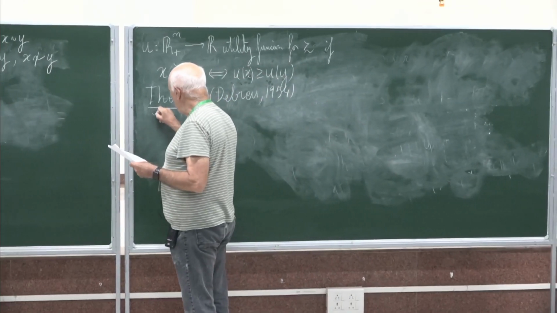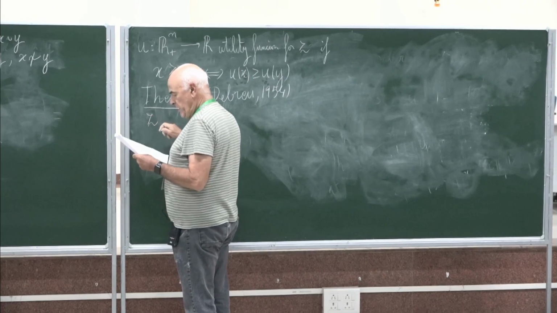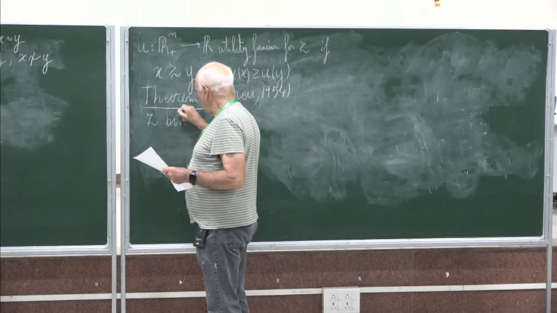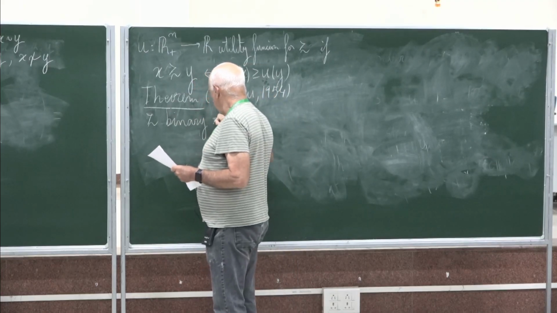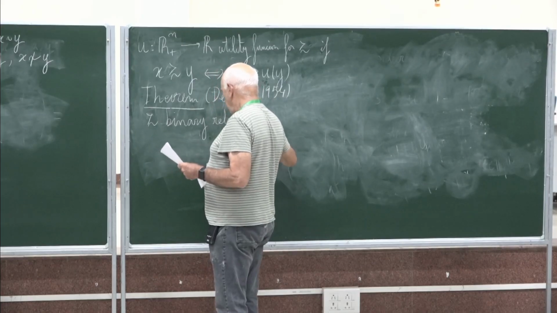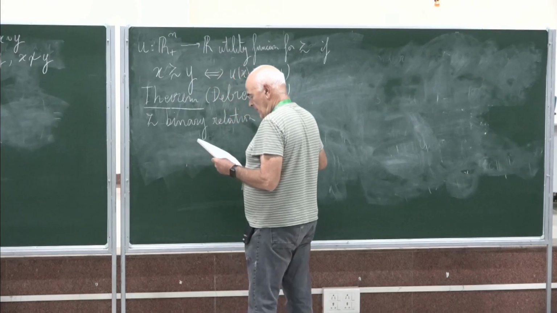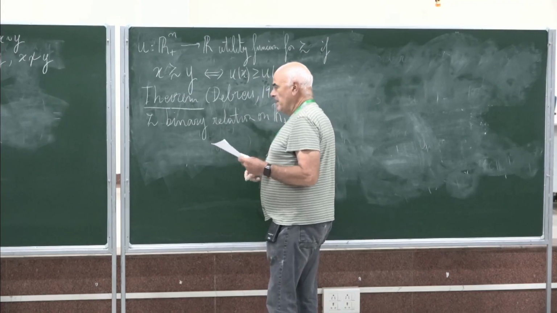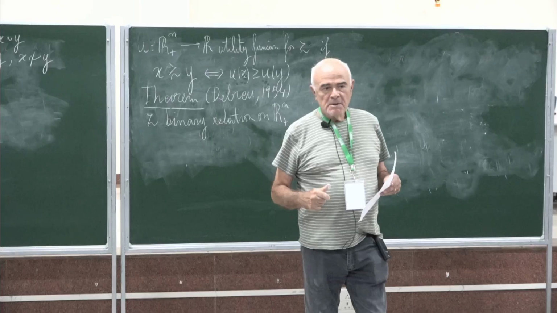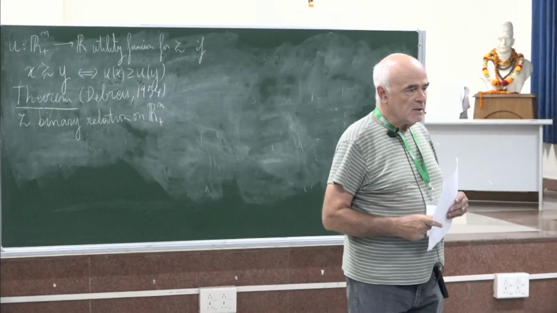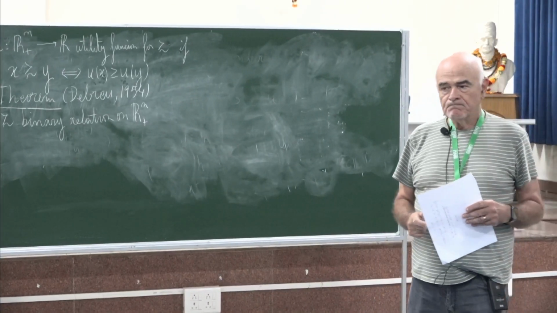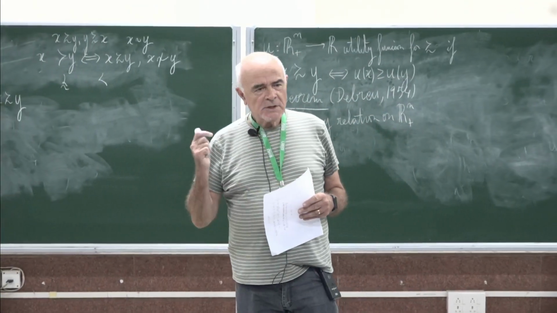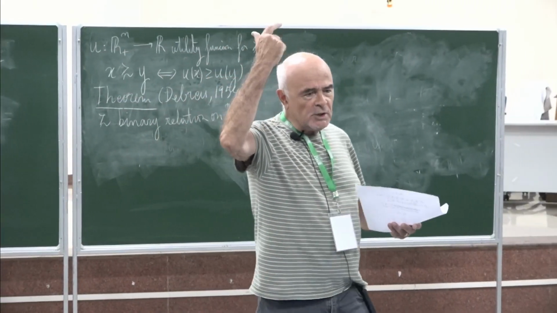Then he says, suppose we have a binary relation on R plus n. In fact, this result can be extended to other spaces, and there is a huge literature on extensions of this result to the most exotic spaces you can imagine.